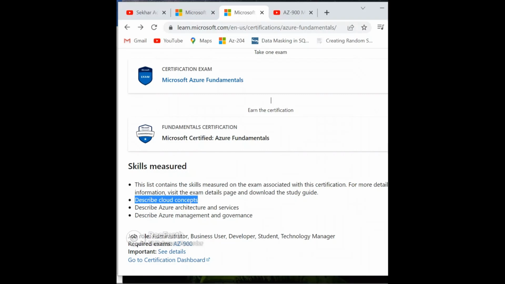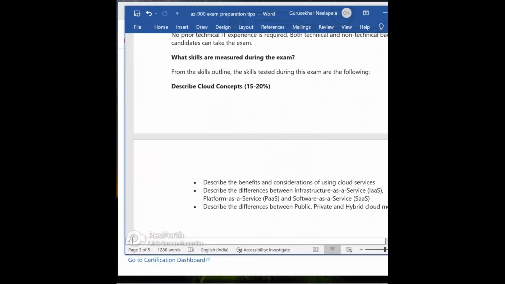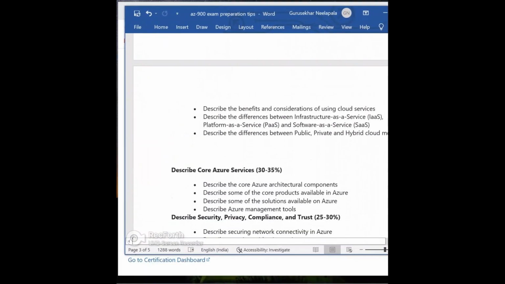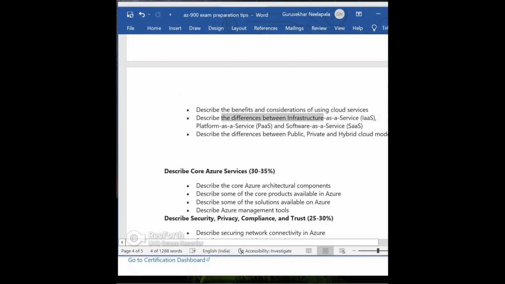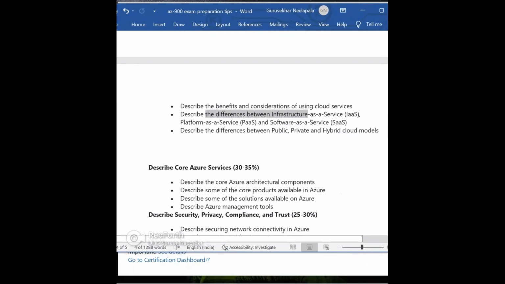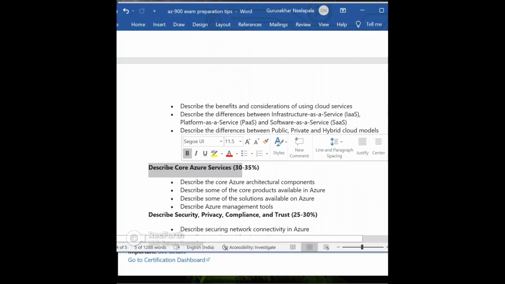Describe cloud concepts means describing the benefits and considerations of using cloud services, describing the differences between infrastructure as a service, platform as a service, and software as a service, and describing the difference between public, private, and hybrid cloud models.